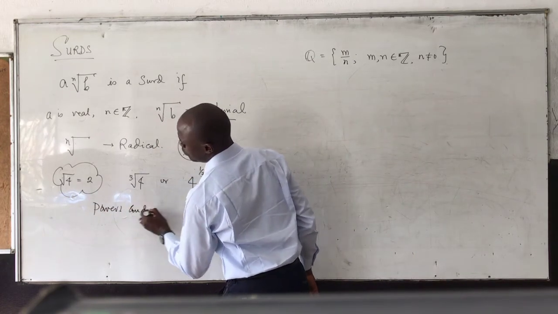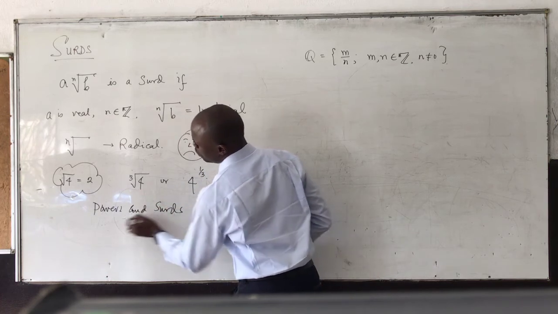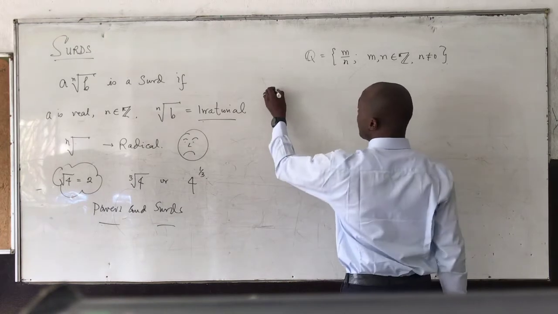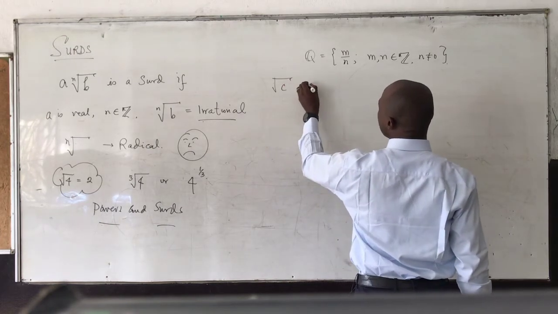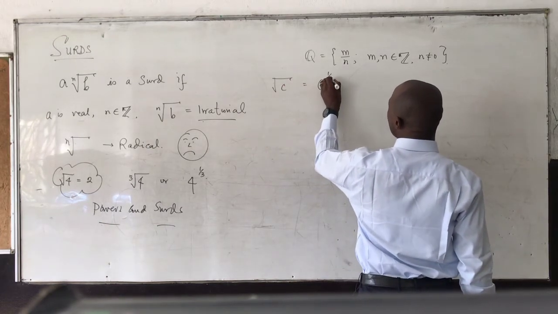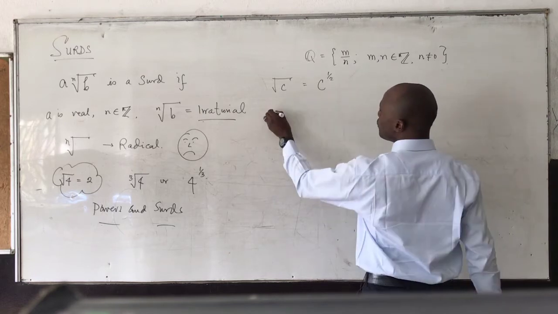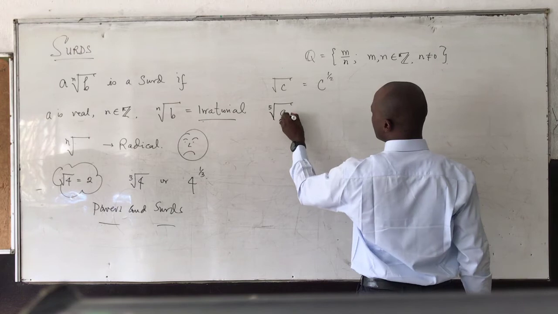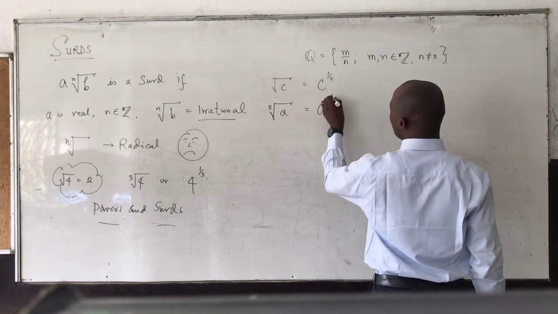So there's a relationship between powers and Surds. What am I trying to say? If I have the square root of c, it's simply c raised to the power of half. If I have the 5th root of a, that is simply a raised to the power of 1 over 5.